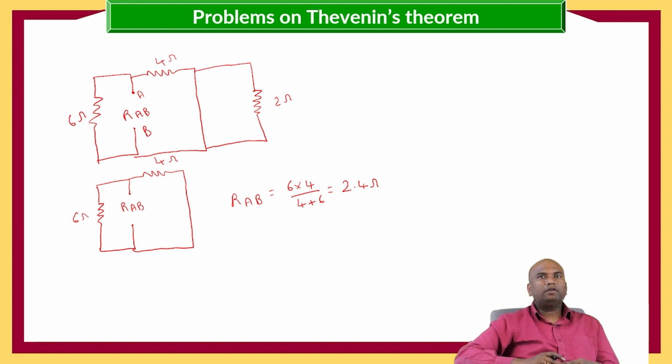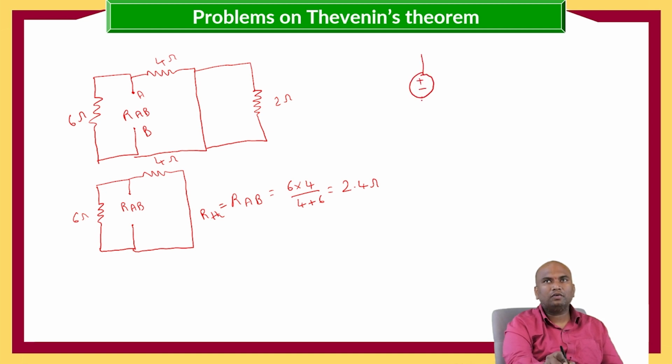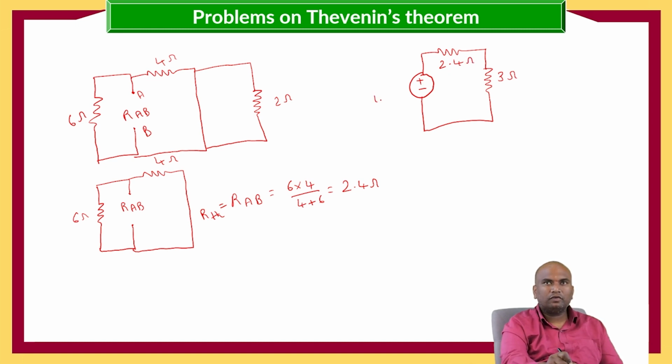This is the RTH, and now we got the RTH also. Now we got VTH and RTH. Now we need to calculate what is the load current. The load resistance which we have removed is 3 ohms, here it is 2.4 ohms, and VTH we got as 4.8 volts, where IL we need to calculate.